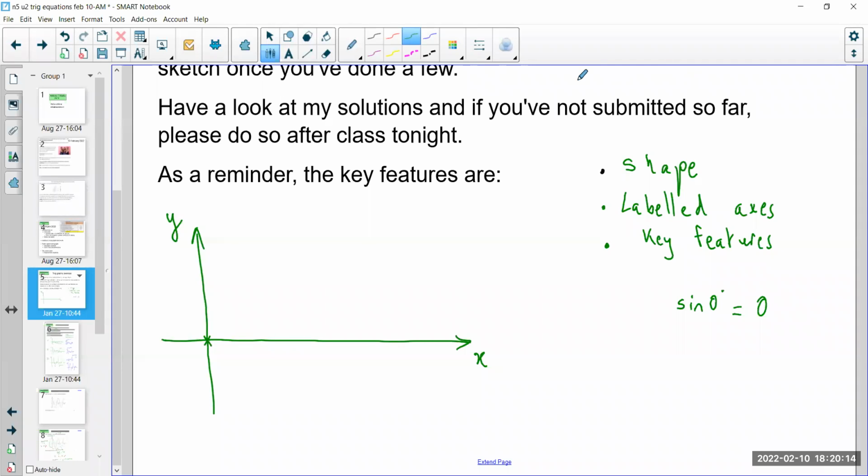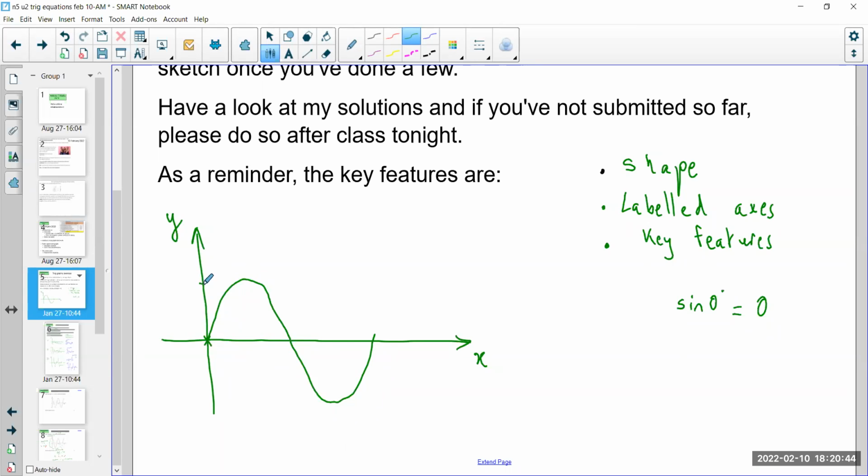So straight away I know it starts at (0, 0). The sine wave is just a wave that goes up and down and back. As you can see, I'm using a tablet, so it's not that accurate, but this is what a sine wave would look like.